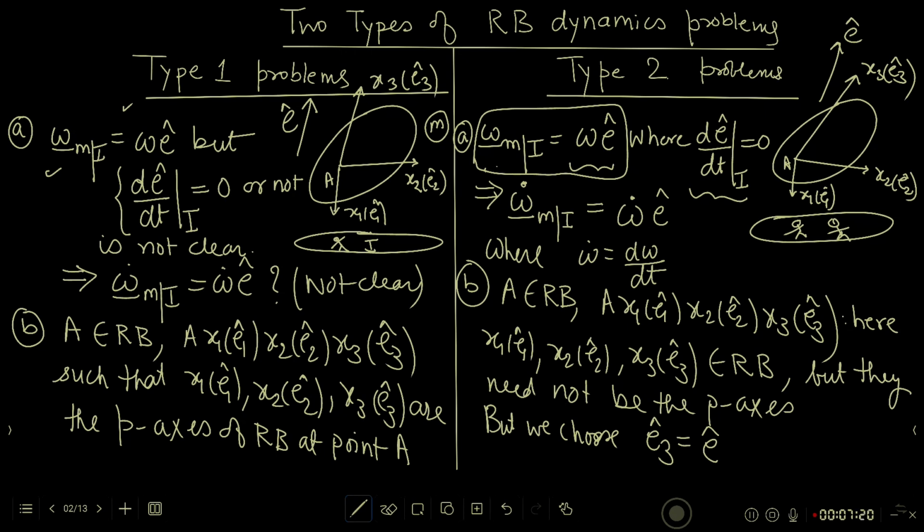So in both cases the axes will be fixed to the RB, but in type 1 the 3 axes are also the principal axes. In type 2 the 3 axes need not be the principal axes, but I will choose my E3 direction to be the same as the direction along which the body is having its angular velocity.